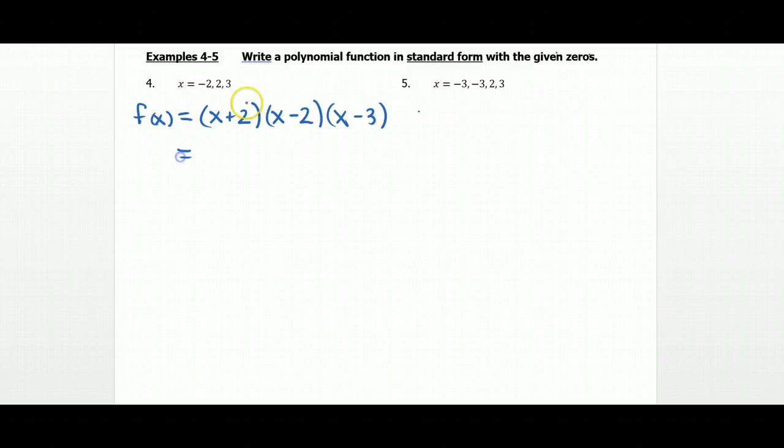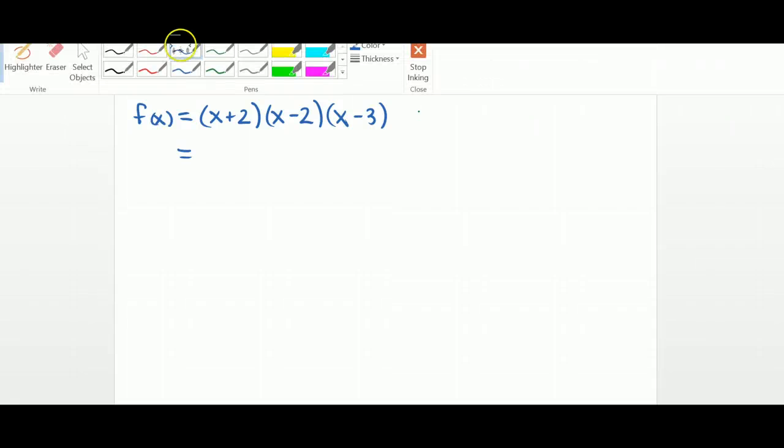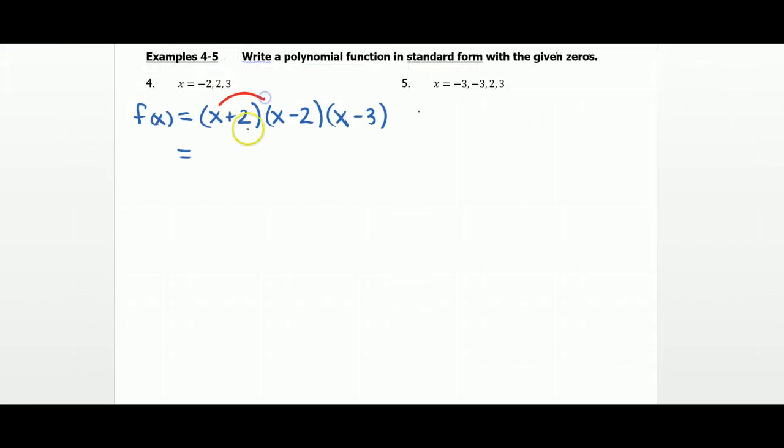So now I'm going to take each of these 3 factors here, and I'm going to multiply them out, and that's going to give me the original function. So that means I'm just going to FOIL. Okay, so we have x plus 2 times the quantity x minus 2, which we know hopefully is x squared minus 4. That's a nice difference of squares there. And we're going to multiply that by the quantity x minus 3.